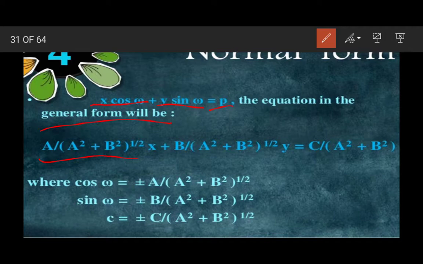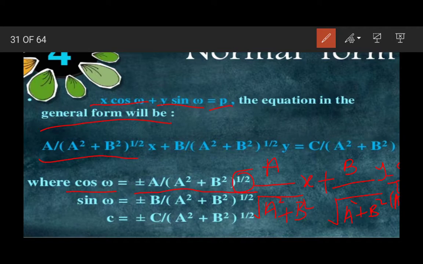So this is a upon under root of a square plus b square into x, plus b upon under root of a square plus b square into y, equal to c upon root of a square plus b square, where cos omega is plus or minus a upon a square plus b square raised to half.